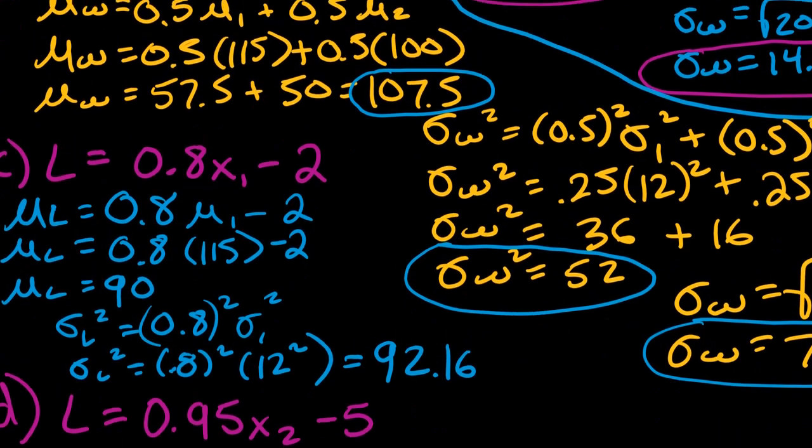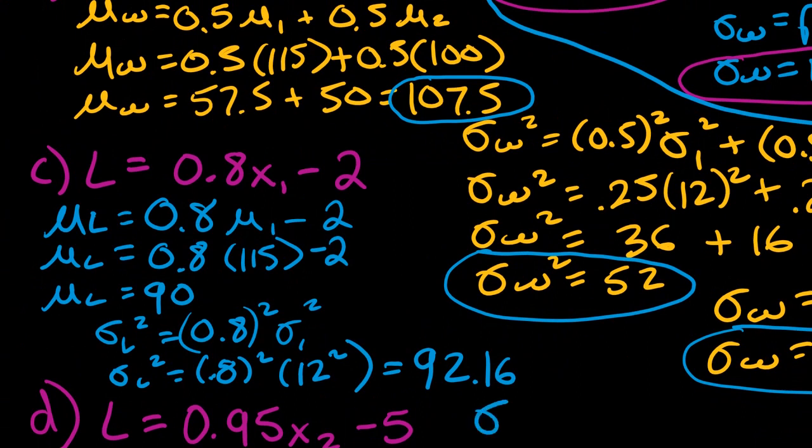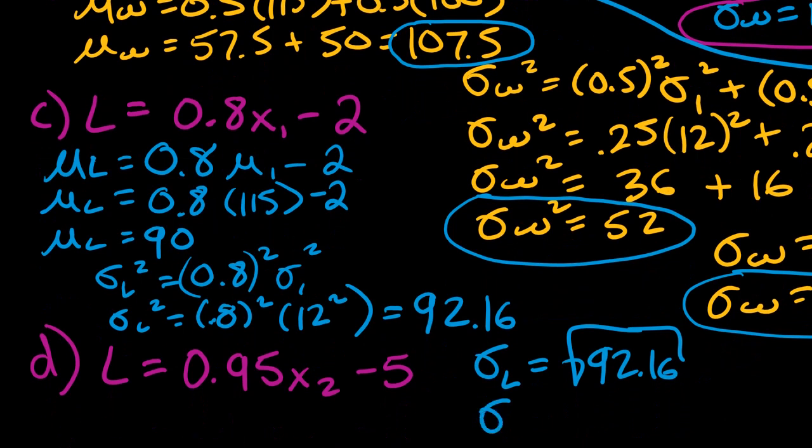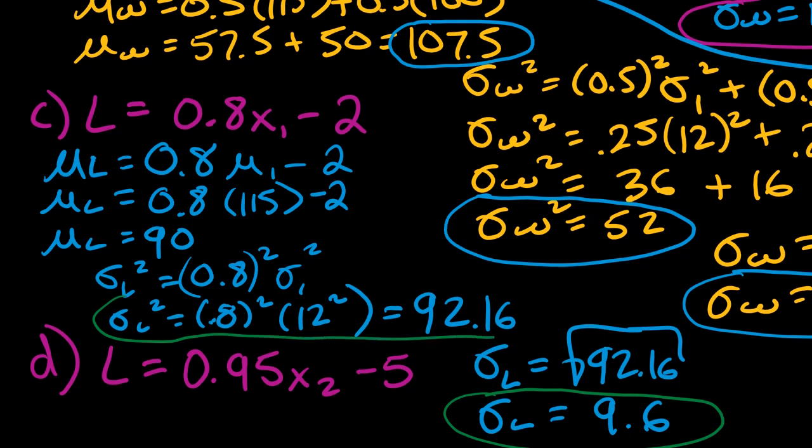So lastly, for this problem, to find the standard deviation of L, we just need to take the square root of the variance, 92.16. So the standard deviation of L is 9.6. Okay, so the standard deviation is 9.6. The variance is 92.16, and the mean is 90.